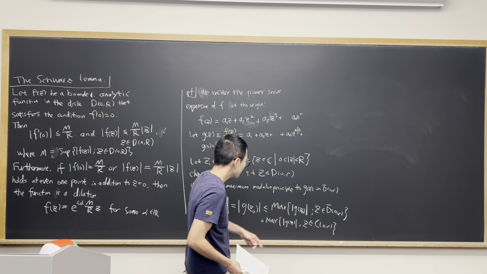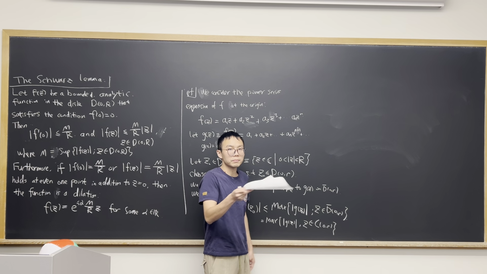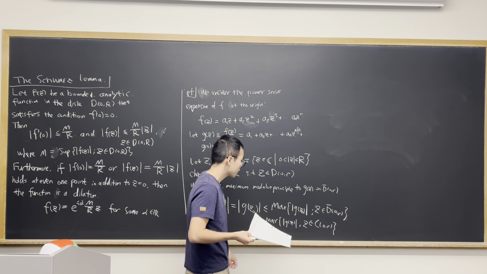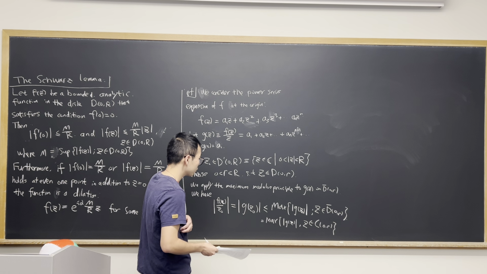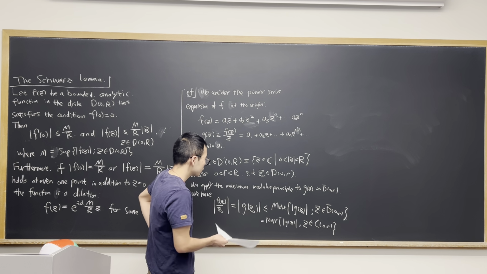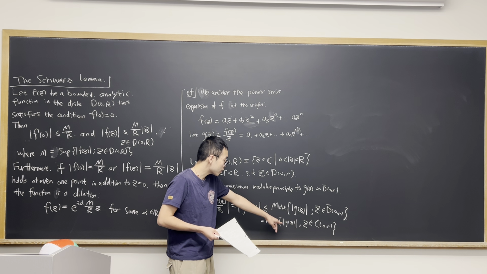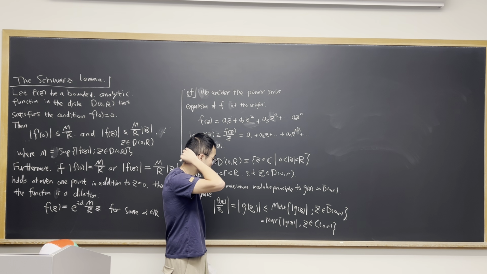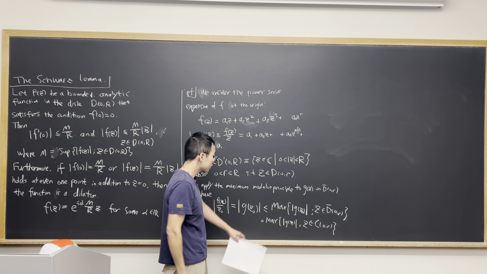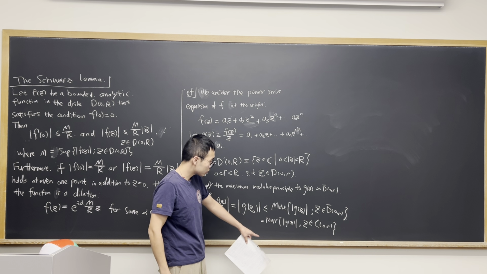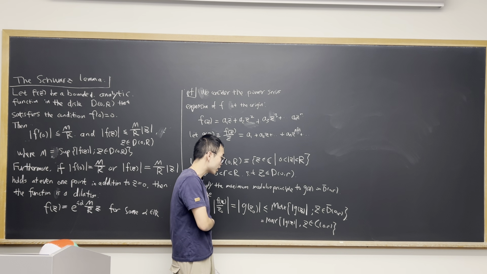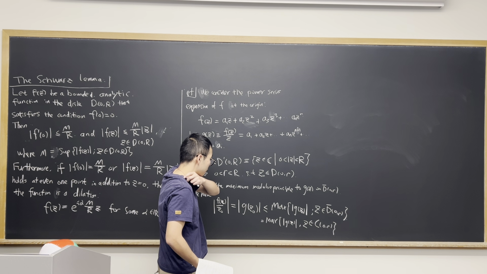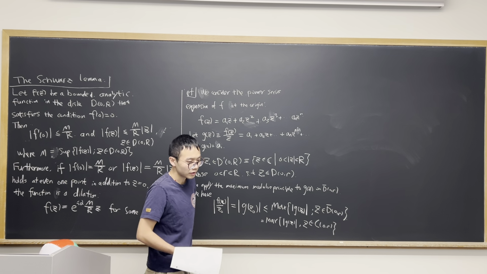What I mean by C(0,R) is the boundary of the disk with radius R, basically the circle centered at 0 with radius R. So if the maximum is achieved at the interior, then it will violate the maximum modulus principle.